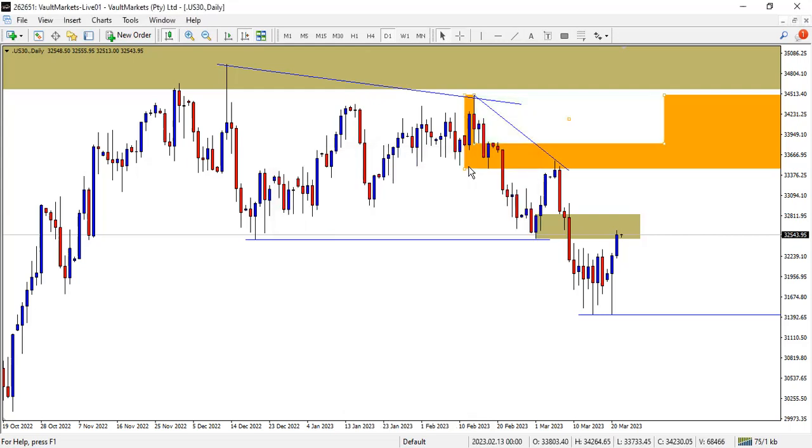So now, before I remove this, why is this a point of interest? If you understand that we have a break of market structure and we have a stop hand, then clearly you saw that already. This is a stop hand here.